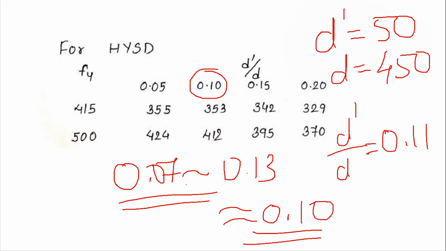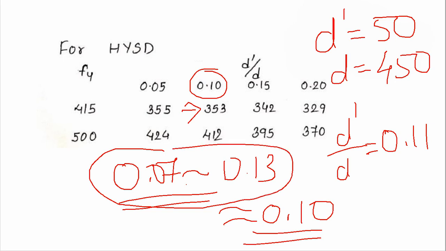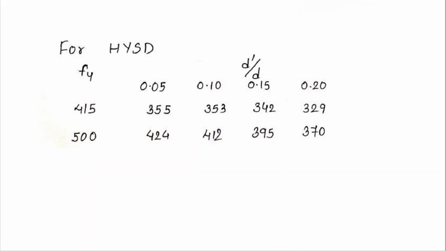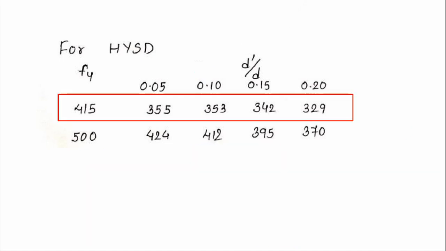So from the examination point of view, you will be remembering only one value. If it is a typical question, then only you will be required to properly refer to this table, else we will be referring to only one value, that is 353. Clear? In 99% of cases, the D dash by D ratio is between 0.07 and 0.13. So from the examination point of view, mostly Fe415 steel is given and the ratio we will be considering is 0.10.